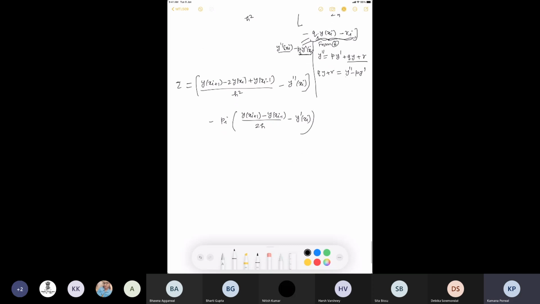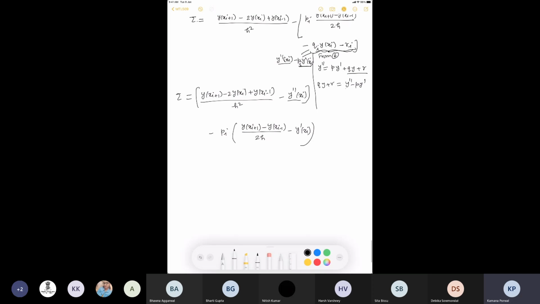You can further simplify this, because you have the Taylor's theorem and you've already done the expansion in terms of these coefficients. So you can exactly find these terms using the Taylor's theorem.